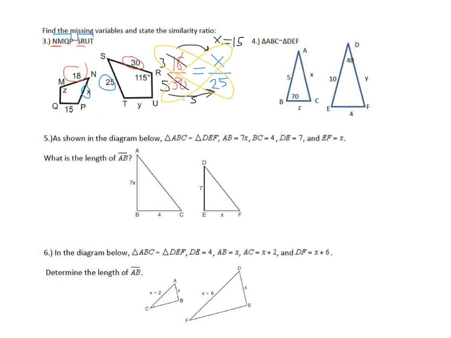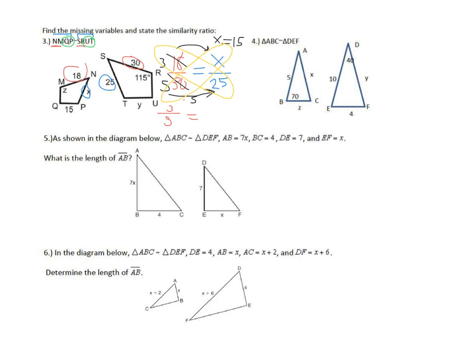Let's go ahead and find y now. So y is going to be TU. So that's these two. So that's going to correspond with QP. So we're going to start with our same fraction as last time since we knew 18/30ths. So this time I'll just reduce it to 3/5.